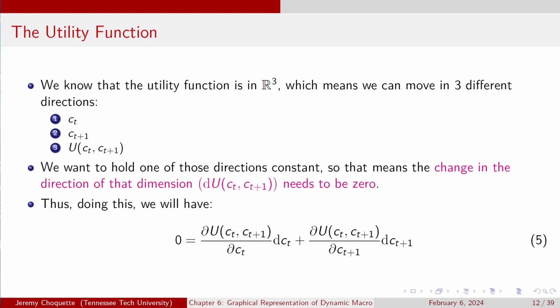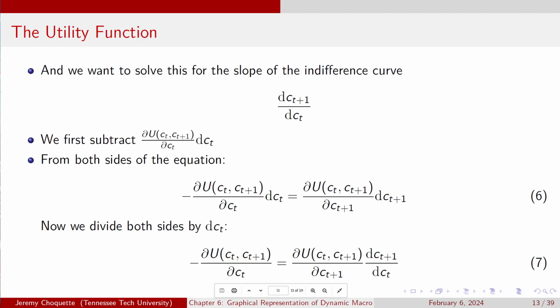So if we were to hold one of these directions constant, it means the change in that dimension needs to be 0. So I'm holding 3 constant here. I'm allowing for changes in C sub t and C sub t plus 1, but there is no change in U of C sub t and C sub t plus 1. So doing that, I set this total derivative equal to 0, and that keeps me on a fixed level.